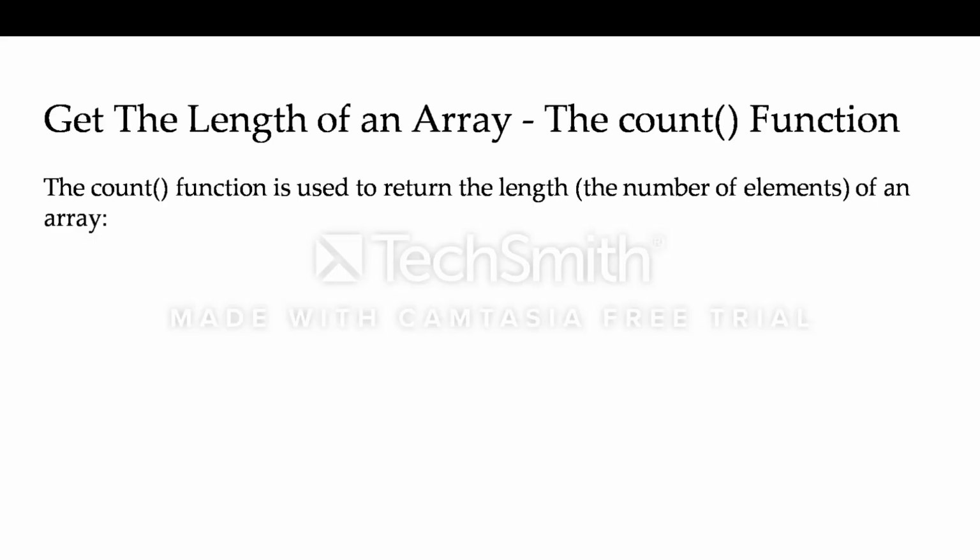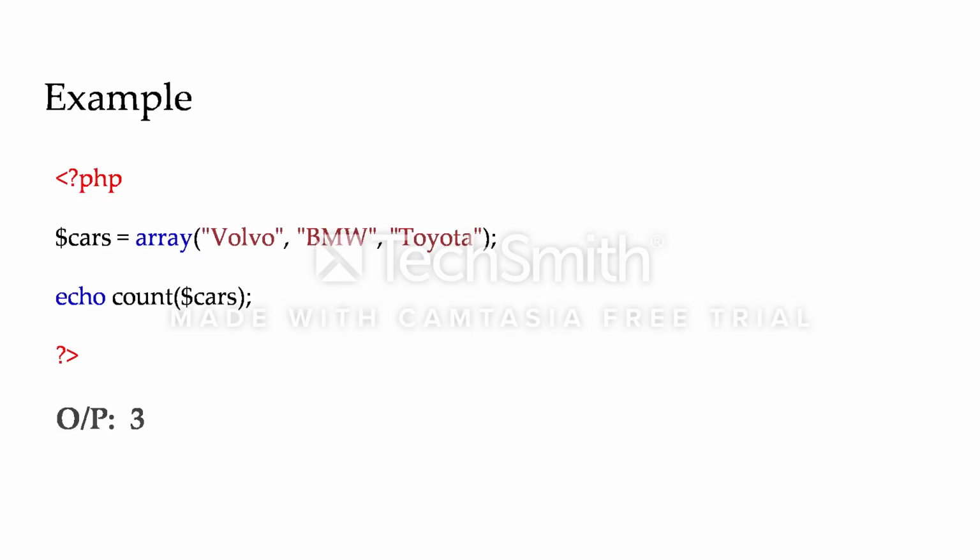Now, getting the length of an array. We can use the count function. The count function is used to return the length of an array. Let's see one example of that. In this script we use one variable, that is cars, and using the array function we can store the list of cars.